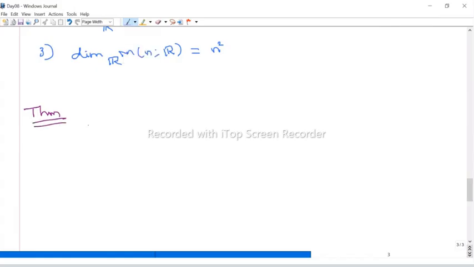Suppose script B is a basis for the vector space V, where V is a vector space over some field. If and only if, this is the notation where both directions are true, one of the following is true.